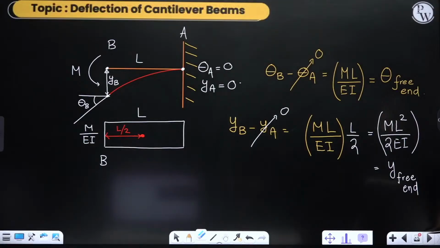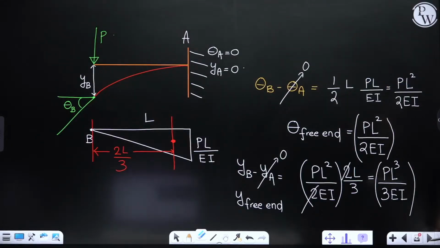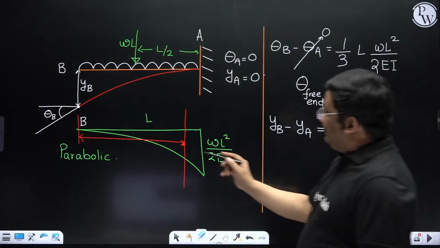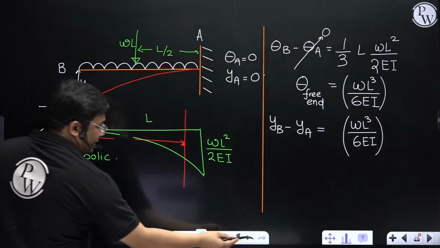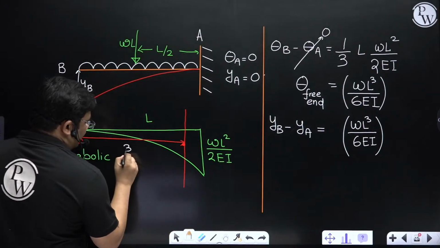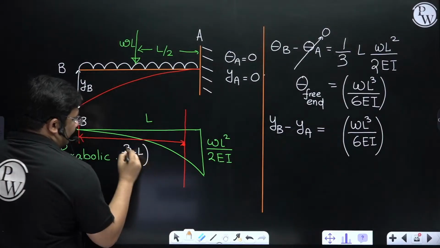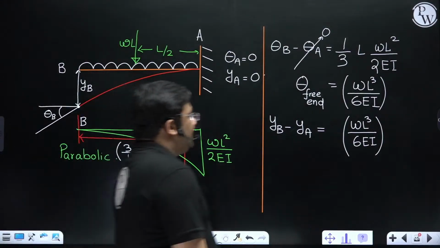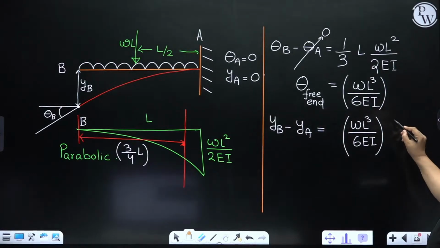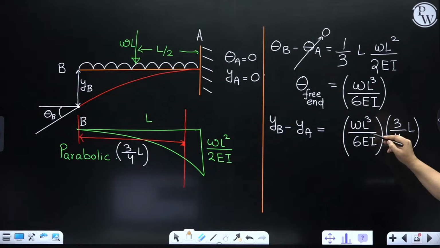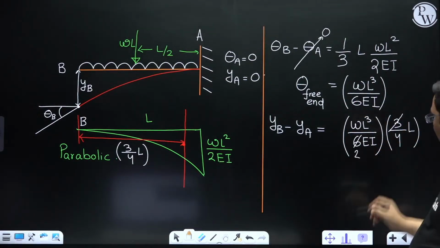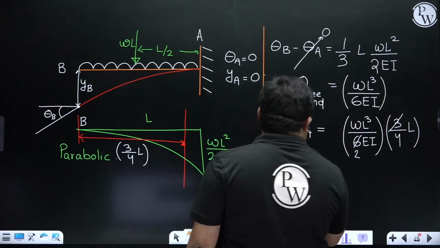So coming back to our diagram, it is 3 by 4 of the base. Base is L, so this becomes 3 by 4 into L. I'll multiply here 3 by 4L. So this is the moment of the area about point B. This gets cancelled, I get a 2, and anyhow this is 0.